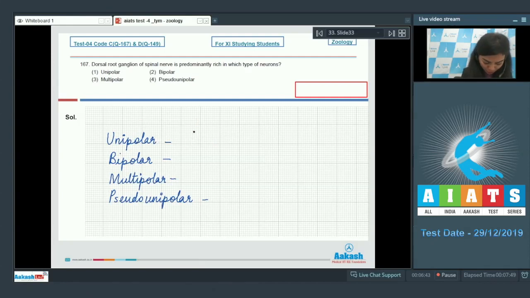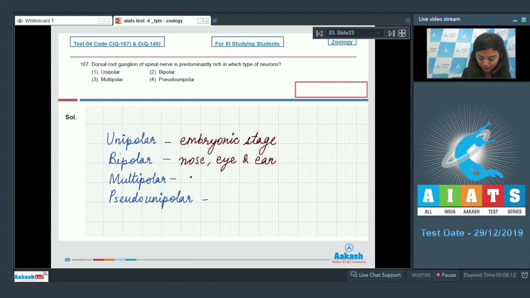Unipolar neurons are usually found in embryonic stages. Option number 2 reads bipolar. Bipolar neurons characteristically are found in neurosensory epithelium of nose, eye and ear. Option 3, multipolar. Most of our neurons in our body are multipolar, so the majority of neurons are multipolar.